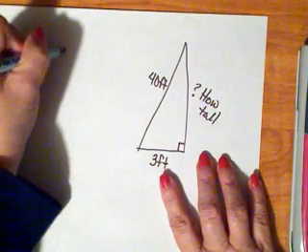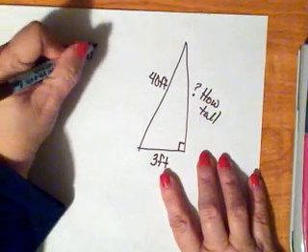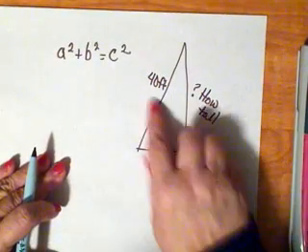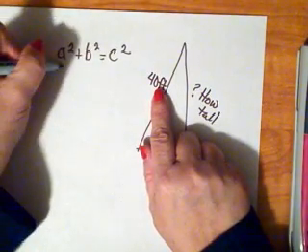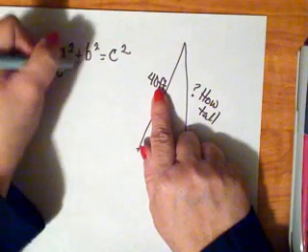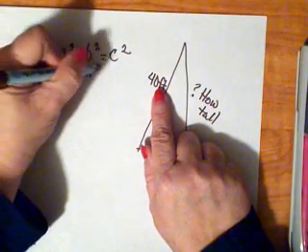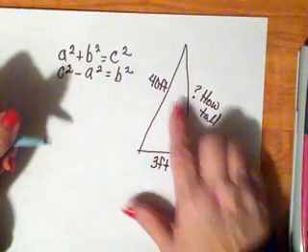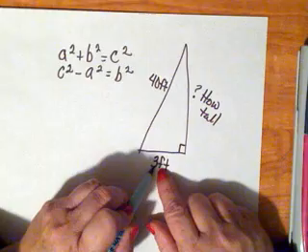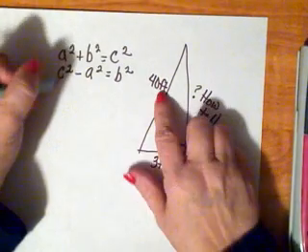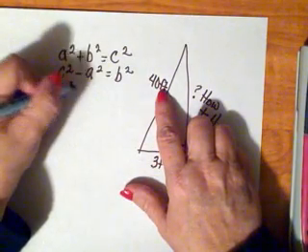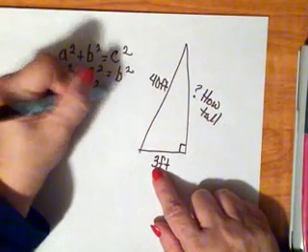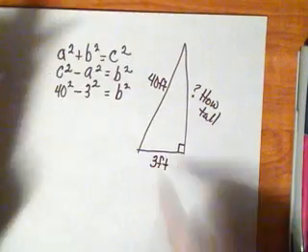So A squared plus B squared equals C squared. But in this case, I know C, so I could write it as C squared minus A squared equals B squared. Okay? So let's make this A. So we really have 40 squared minus 3 squared equals B squared.